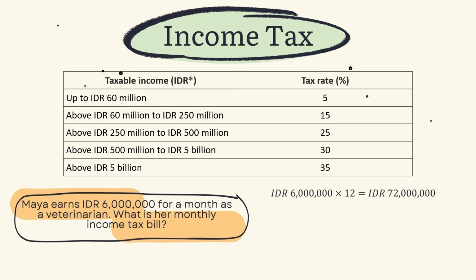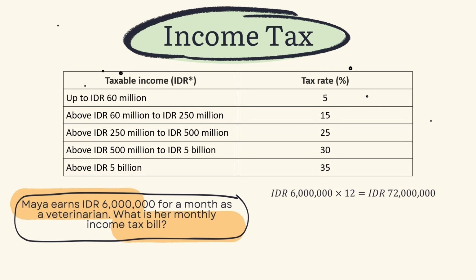So we just need to times the monthly salary by 12. So we've got 72 million Indonesian rupiahs. And this is in the second category because it is above 60 million Indonesian rupiahs.